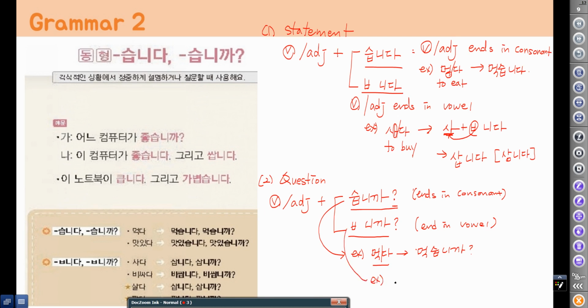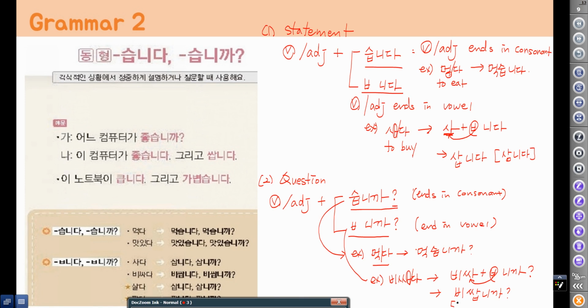Right, let's say 비싸다. Expensive. 비싸다. Ends in vowel. So 비읍니까? Question. And then I told you 비읍 goes underneath it. So 비쌉니까?